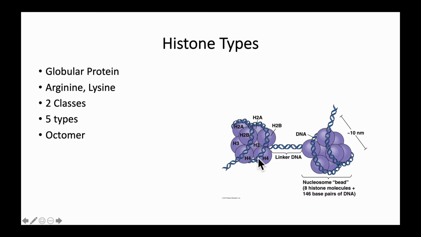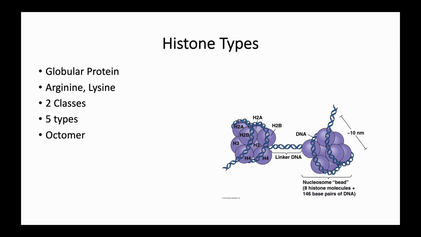So again, these histones are proteins. They're globular proteins that are made in the liver, and they're rich in arginine and lysine. Aside from that, they have N-terminal tails, which play a role in signaling and control of gene regulation.